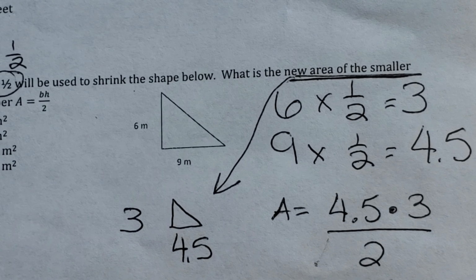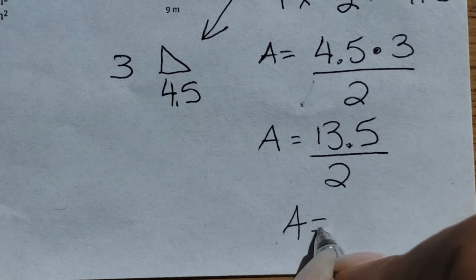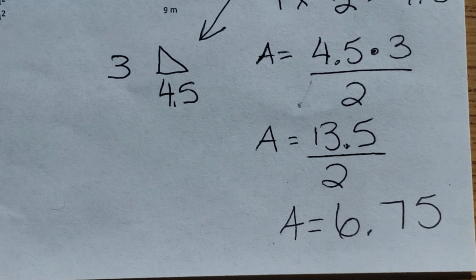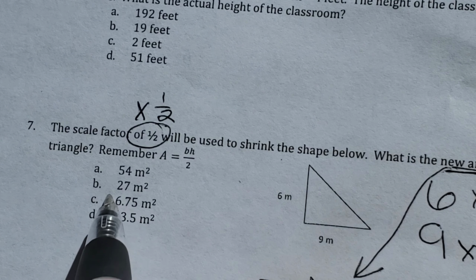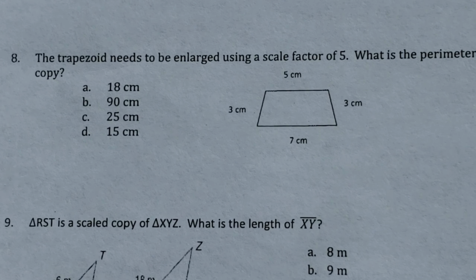I'll scoot the paper down in a second. And that's going to give me my area, when I divide 13.5 by 2, of 6.75. And I'm done. C is my answer.